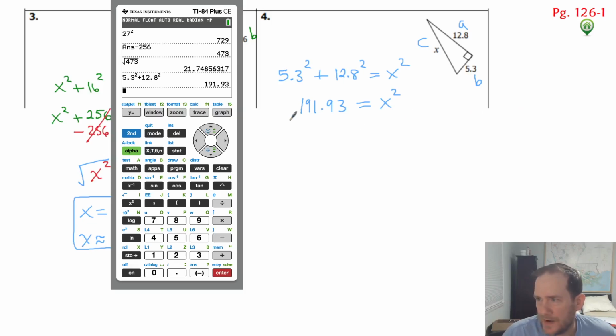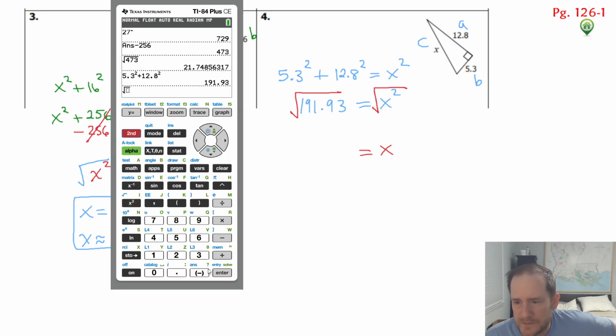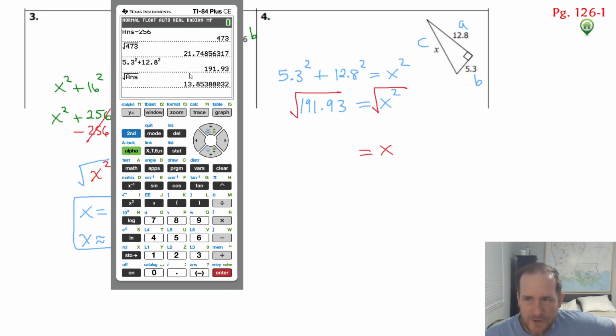So to solve for x, you'll take the square root of both sides, and you'll get x equals whatever this comes out to. Let's go find out. Second square root, second answer. This will just take the square root of my previous answer. So if I hit enter, that's giving me the square root of the 191.93. So I'm getting 13.85.